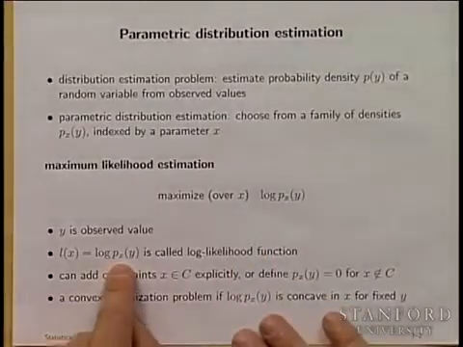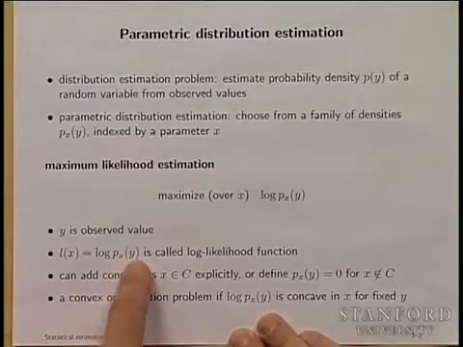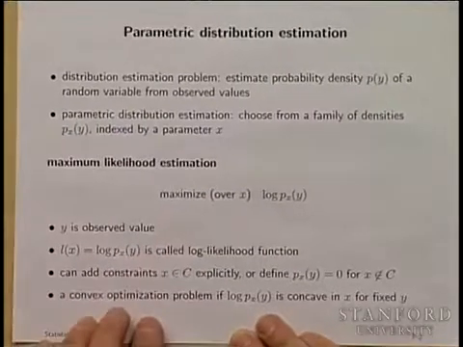This is concave in the parameter, and those are slightly different concepts. We'll see this in examples. The log of the density, as a function of the parameter, not the argument, is called the log likelihood function.